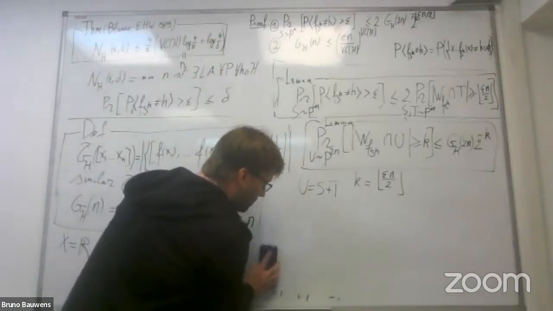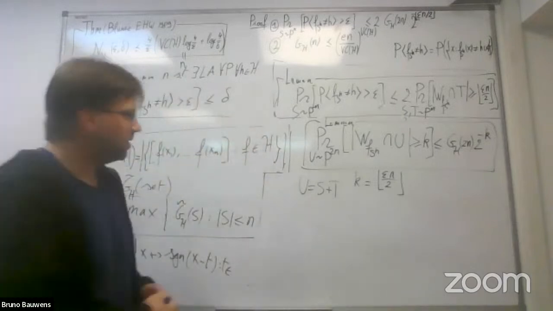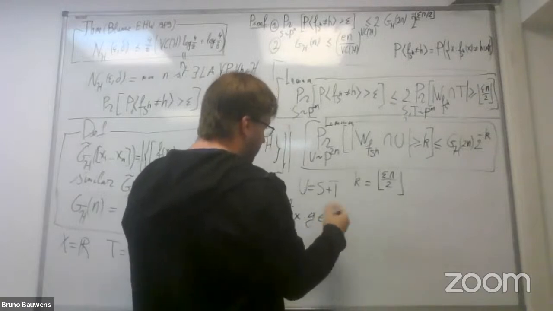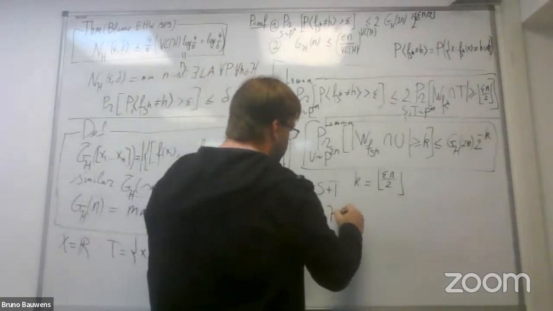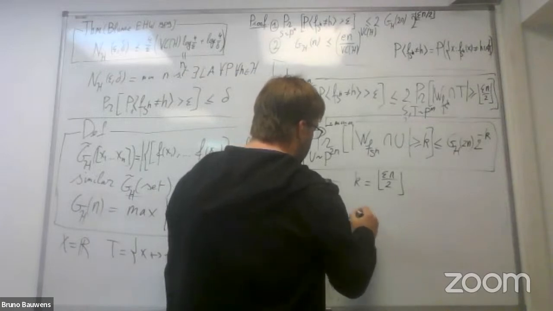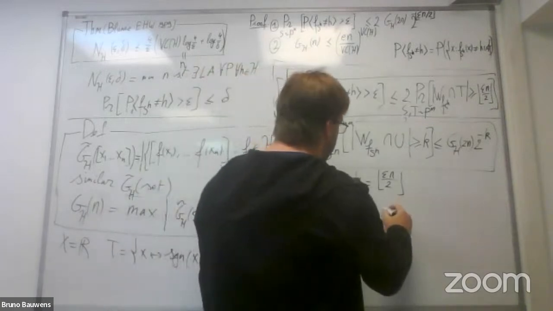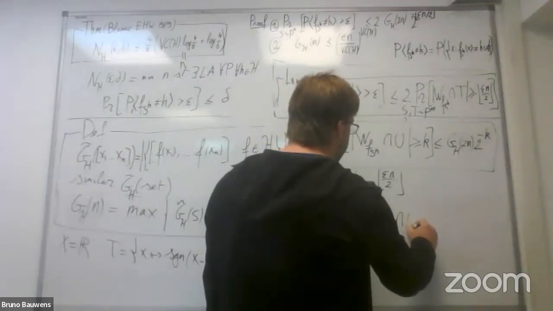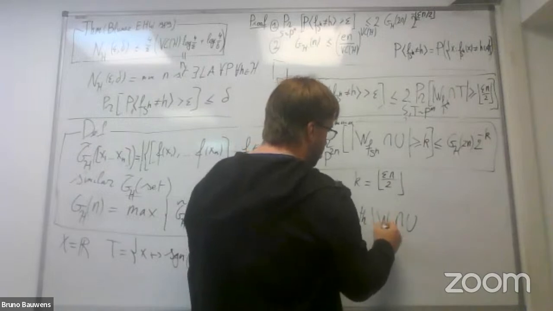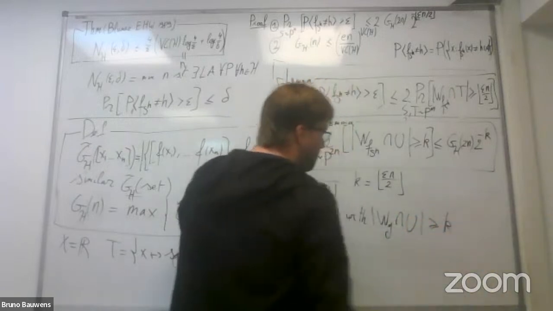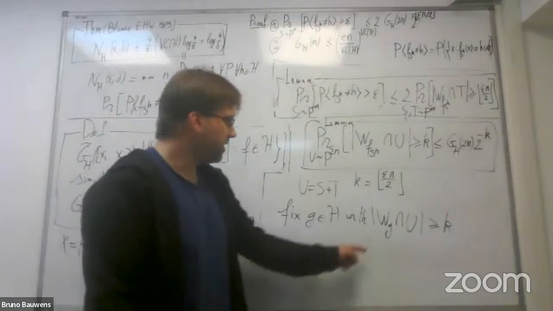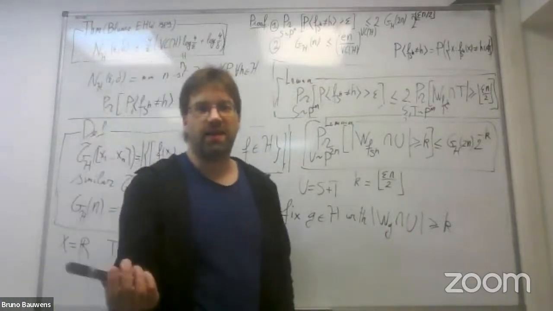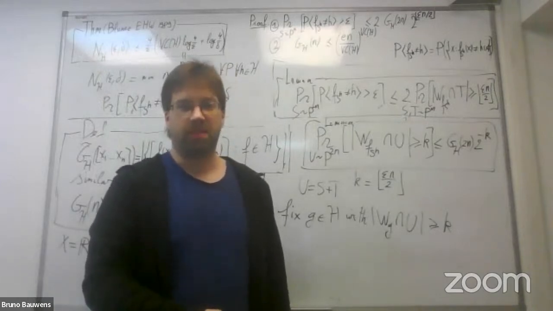Okay, and the proof is very short. Let us fix G in our class. And let us assume that WG intersect U has at least K mistakes on the set U. Now let us apply the technique I already explained.